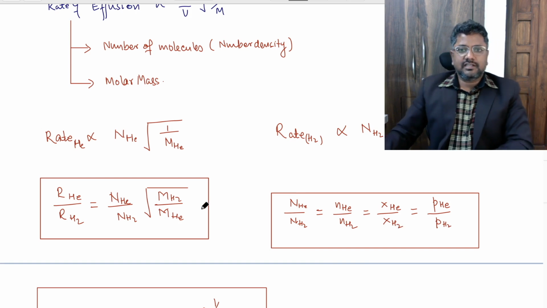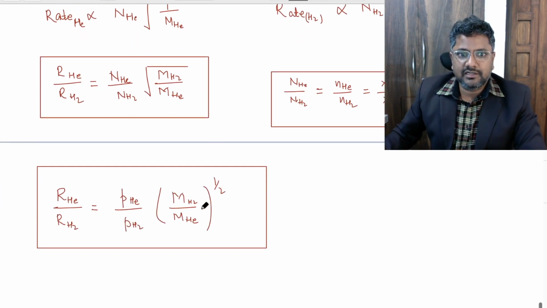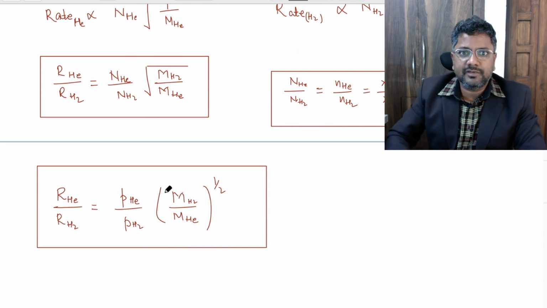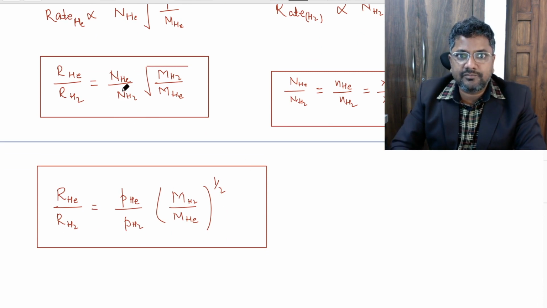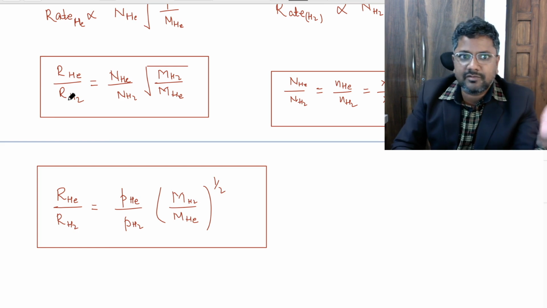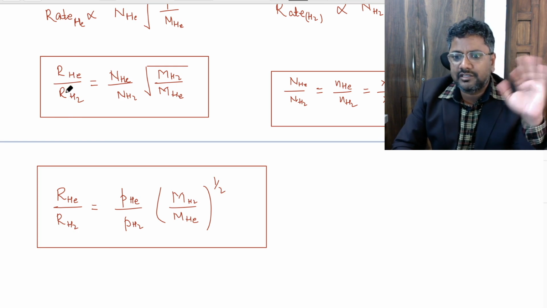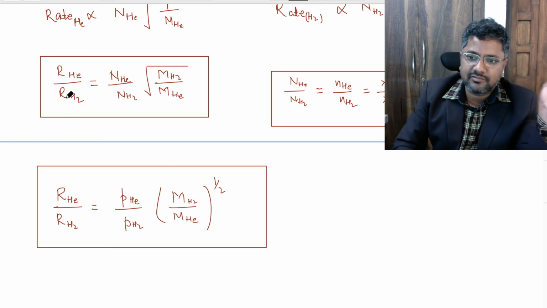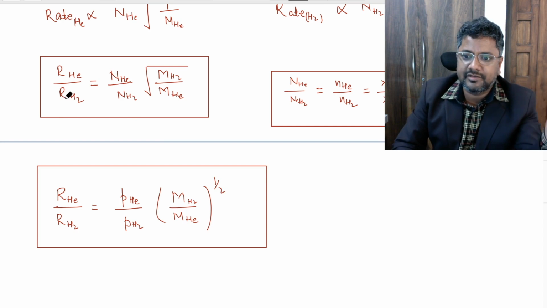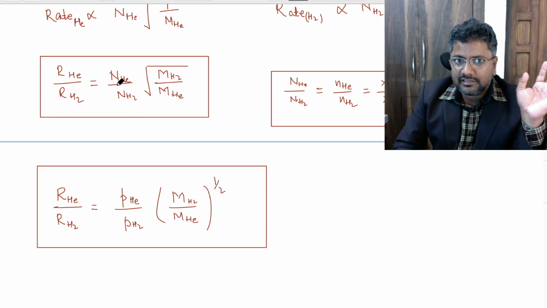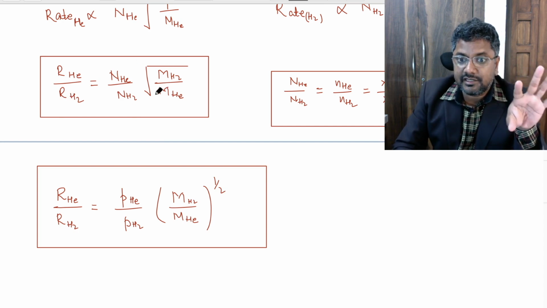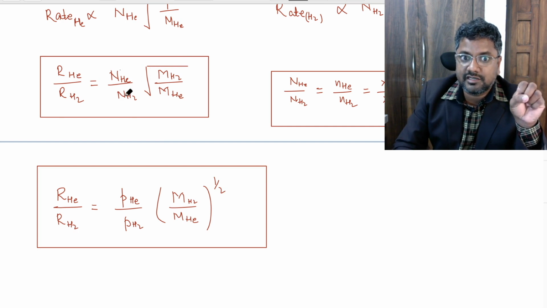So this is the case of simultaneous effusion. Note that the left hand side, whatever you have written, is what has effused out. So R you can replace in terms of moles, molecules, volume, or mass. The right hand side is what is taken in the container, the moles taken.